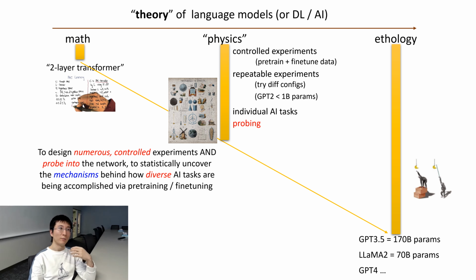But here, by probing into those language models, I'm talking about growing tens of thousands of monkeys from scratch. And you can control the data. You can control precisely what they have seen throughout their lifespan. And then you can design thousands or tens of thousands of tasks. You can put millions of probes everywhere in this transformer model. So this is more like experimental physics in my mind.